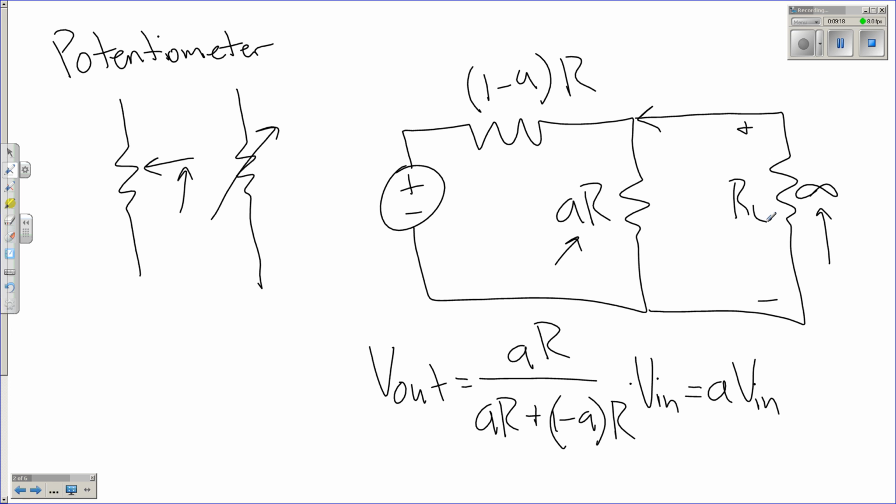Essentially what we want is for RL to be very, very big, because otherwise the A term, the gain, becomes non-linear. And that's not fun for anybody, because that invalidates a lot of tools we use to analyze them.